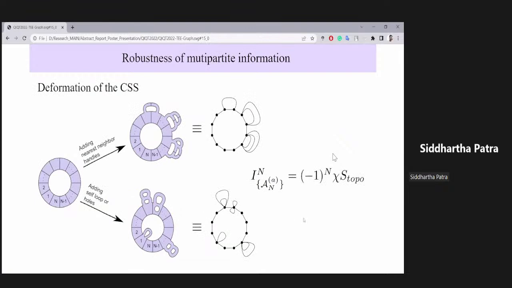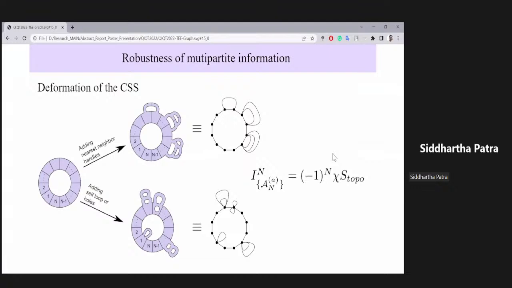Next, this multipartite information is highly sensitive to the deformation of the subsystem, so our goal was to show the transformations under which it is robust. We have shown that if you add nearest neighbor handles in the collection of subsystems, then the multipartite information does not change.